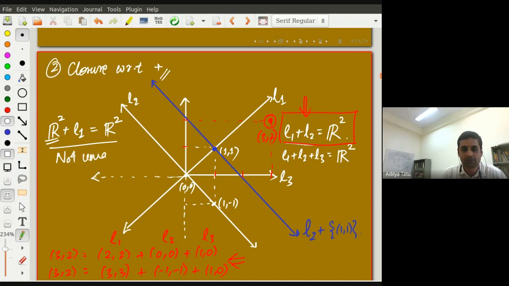Do all of you agree to this? That the decomposition will not be unique in this case. But it will be unique in this case, L1 plus L2 equal to R2. Does it make sense?